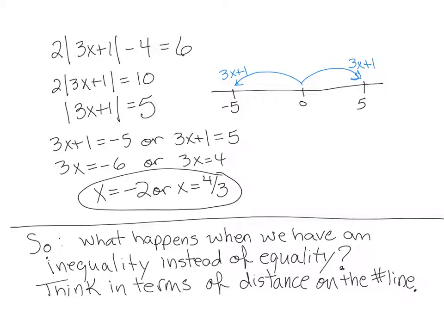So when you're doing absolute value equations, the first thing that you have to do is to isolate the absolute value itself. So we want to get rid of the 4 by adding it and then divide away the 2. We end up with this absolute value equation. So we know the stuff in the bars doesn't matter what it is.